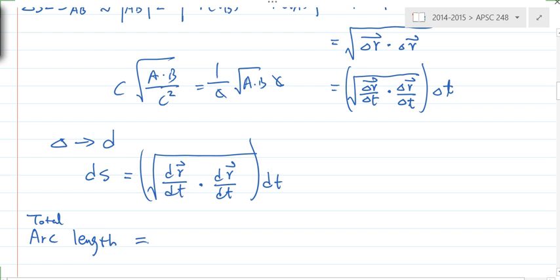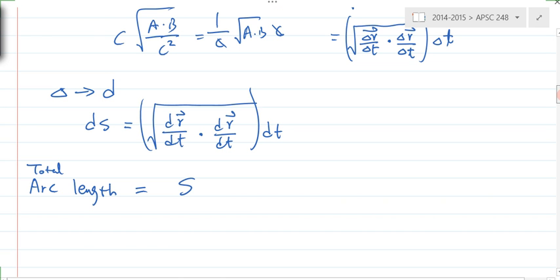So the total arc length, s, is what we're looking for. s equals the integral of all the ds together, integrated between the t1 and t2 that you're looking for.